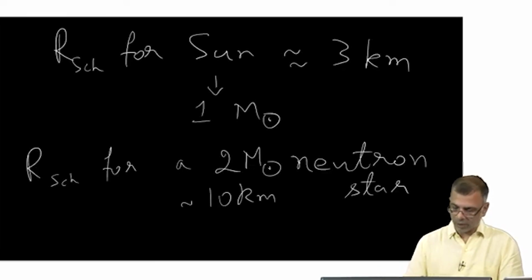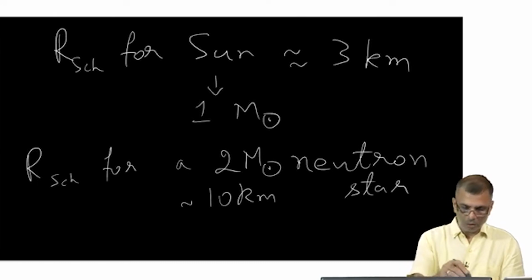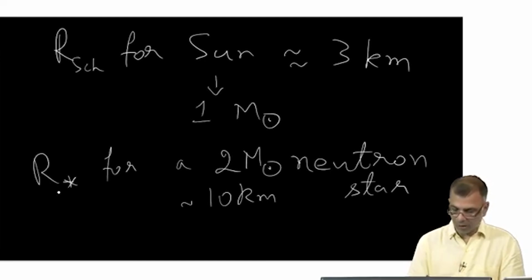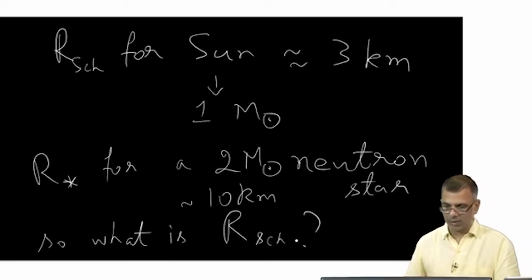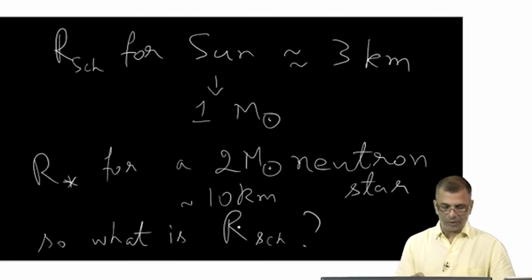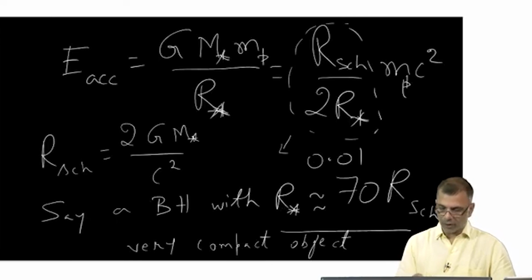I should mention that R star for a 2 solar mass neutron star is something like 10 kilometers. So what is R Schwarzschild? You can calculate this just from this formula, and you will find that R Schwarzschild is much smaller. Okay. So, this ratio will become more and more favorable the more compact the object.